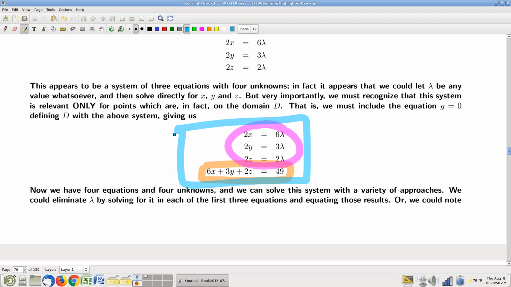Right? Because this doesn't amount to a hill of beans if it results in a point that's not even on your constraint set in the first place. Who cares? You want to find the point on this surface that maximizes a certain function. I don't care about points that are over here, right? So don't forget to put that condition in there.